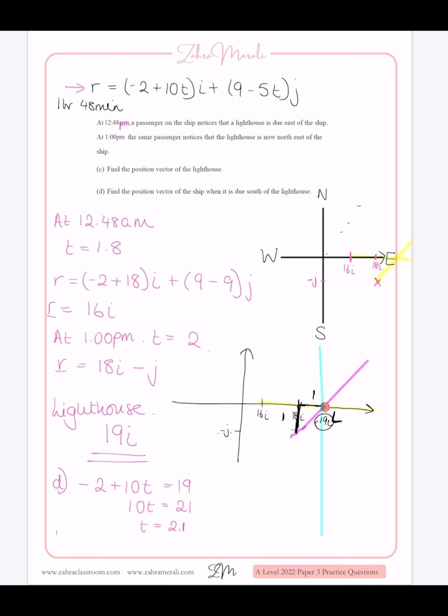So when t equals 2.1, 9 minus 5t is going to be 9 minus 5 times 2.1 to give us minus 1.5, and that's going to be our j component.